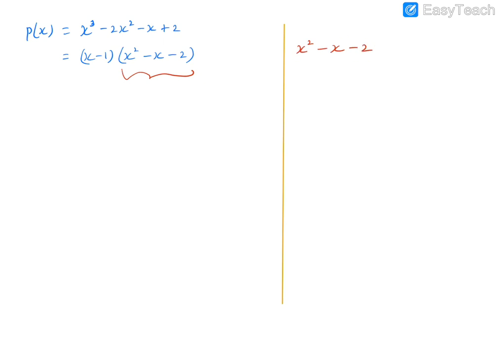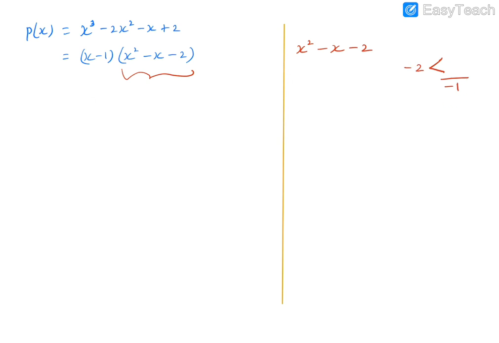So a is plus 1 and c is minus 2. So 1 into minus 2 will be minus 2. So we have to split it such that we get a product of minus 2 and the sum should be minus 1. So what are the two numbers such that their product becomes minus 2 and their sum is minus 1?